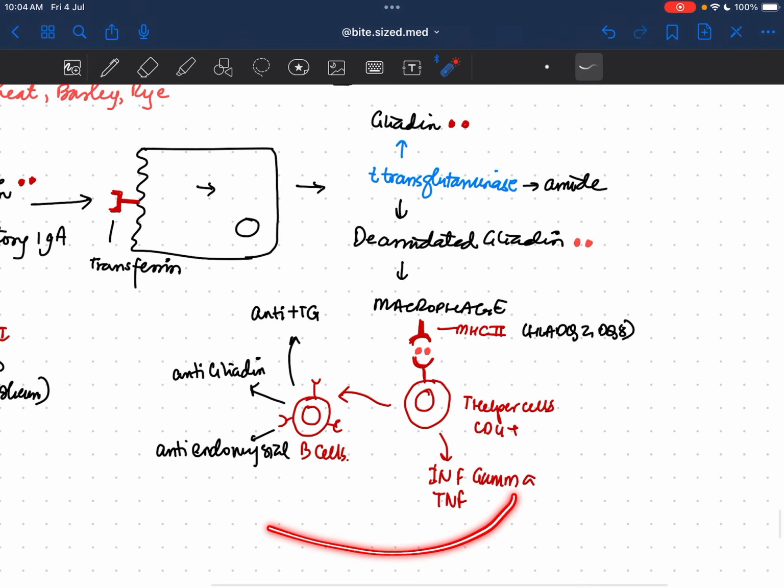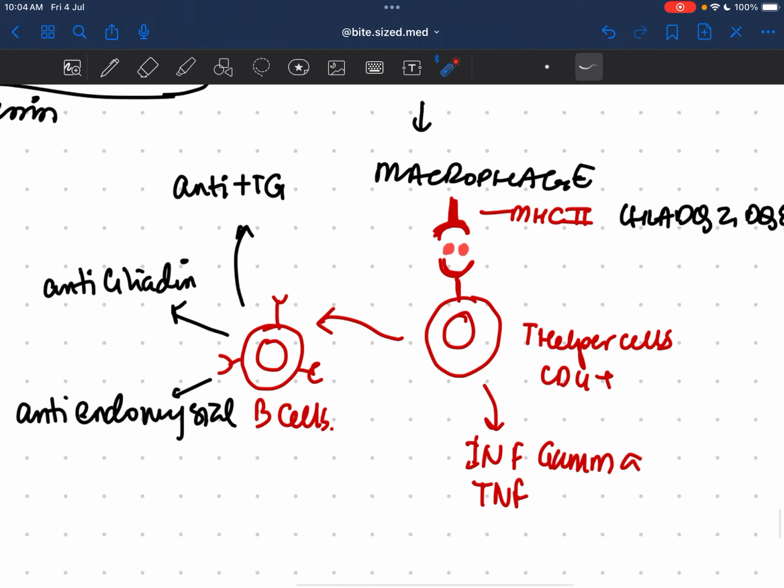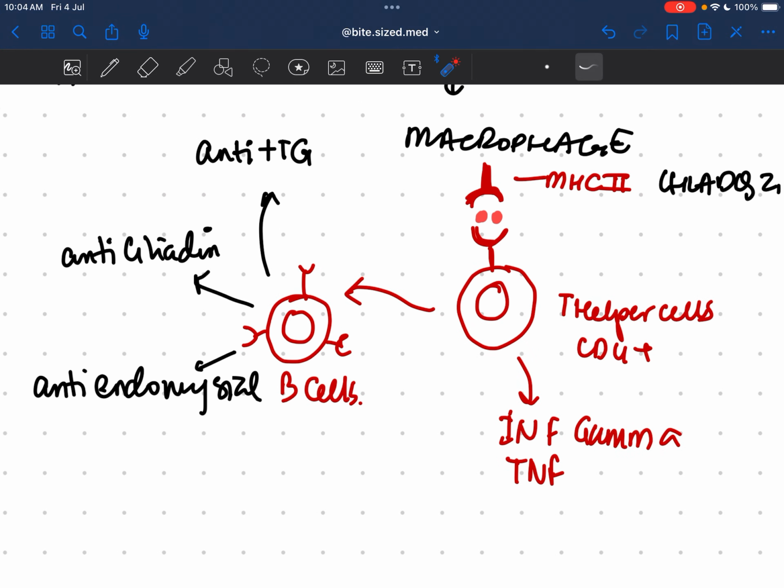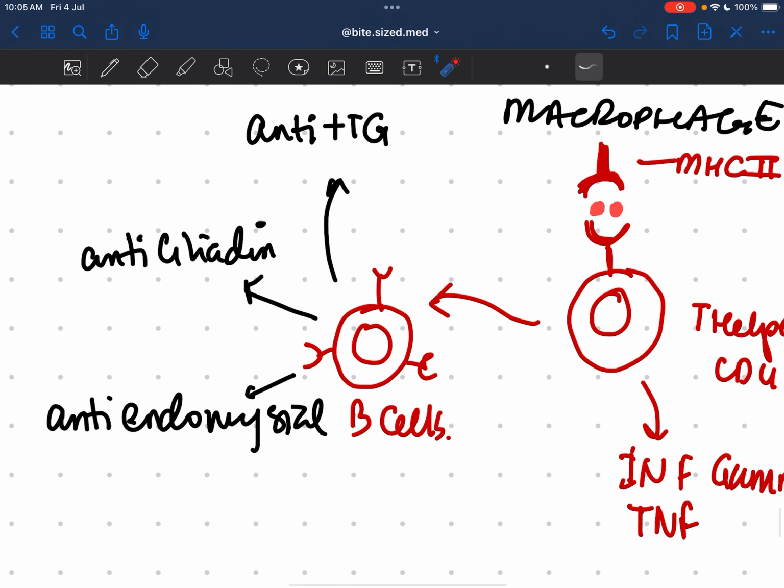These in themselves cause inflammation and destruction of the enterocyte. On top of producing inflammatory cytokines, they also activate B cells. And B cells, in response to this inflammatory activation, produce 3 distinct antibodies.